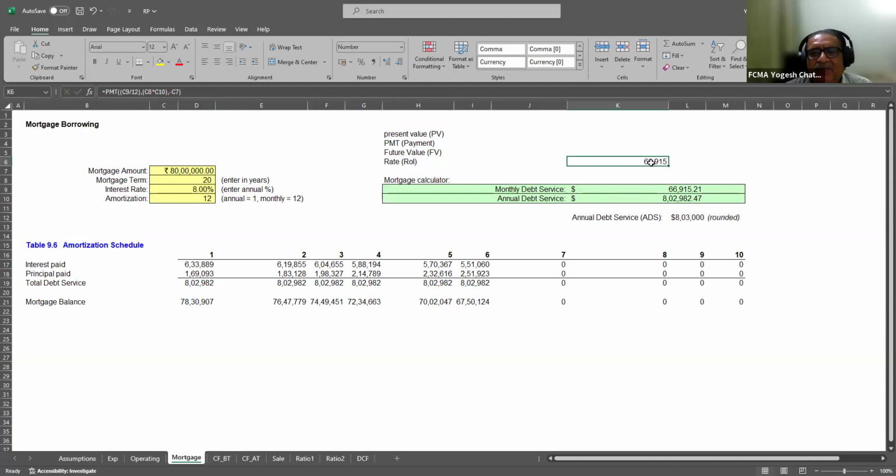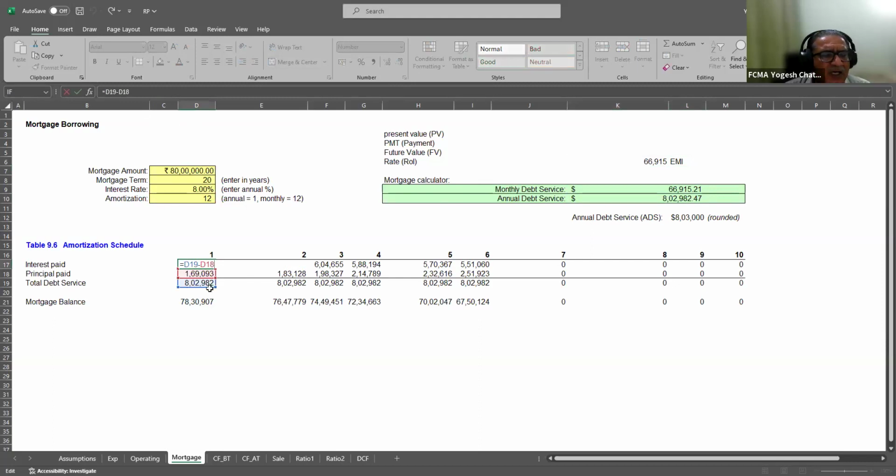So based on that, my monthly installment, EMI, is 66,000. And annual debt service is this 66,000 multiplied by 12. On an annual basis, I will pay 8 lakh 2,000. So here, as you can see, this is the total debt service, and this is the principal payment.